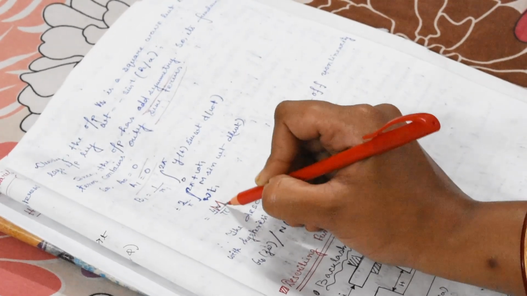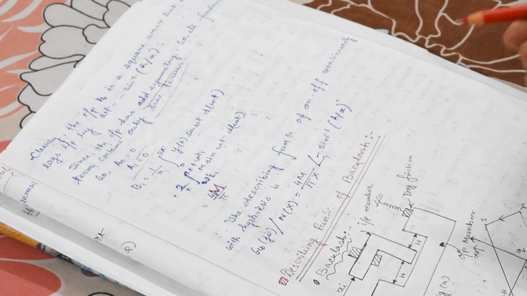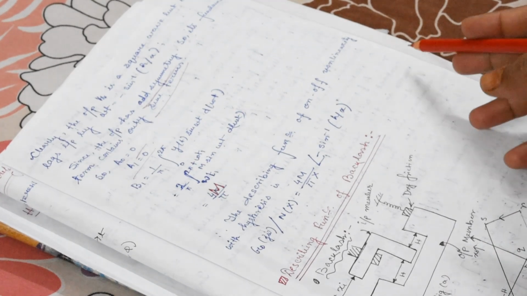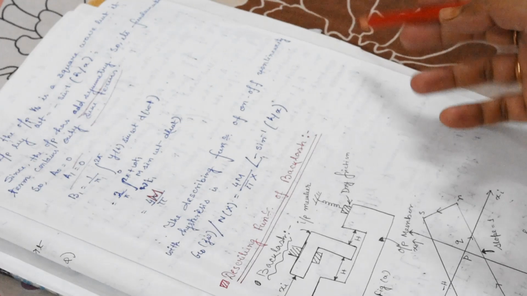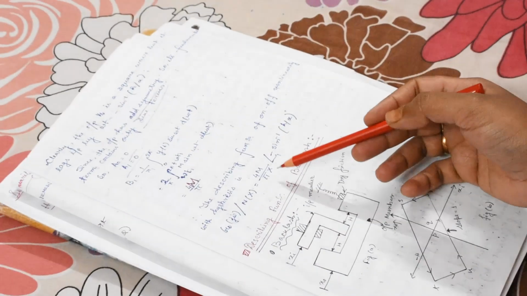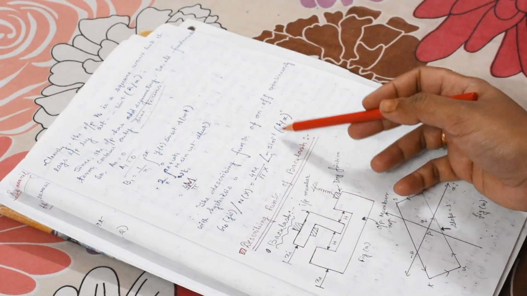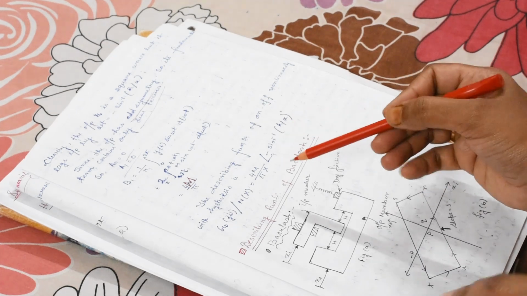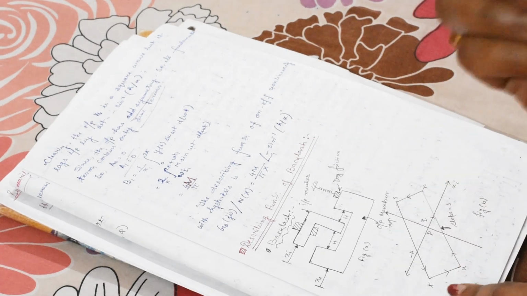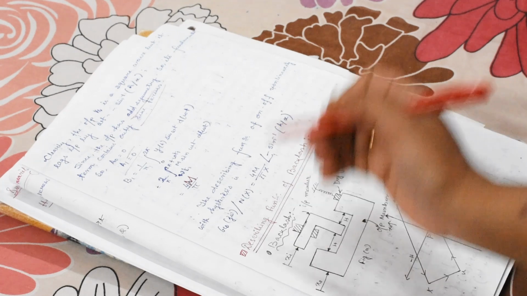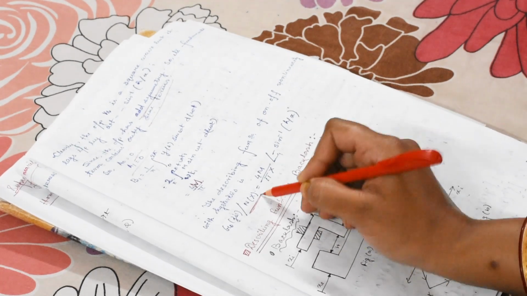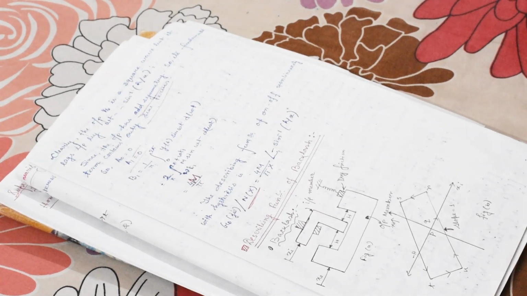There is a mistake, this is 4M by pi. So, the describing function of the on-off nonlinearity with hysteresis becomes 4M by pi X at an angle of minus sin inverse of h by X. There is another notation for the describing function, which is also denoted by N(X).